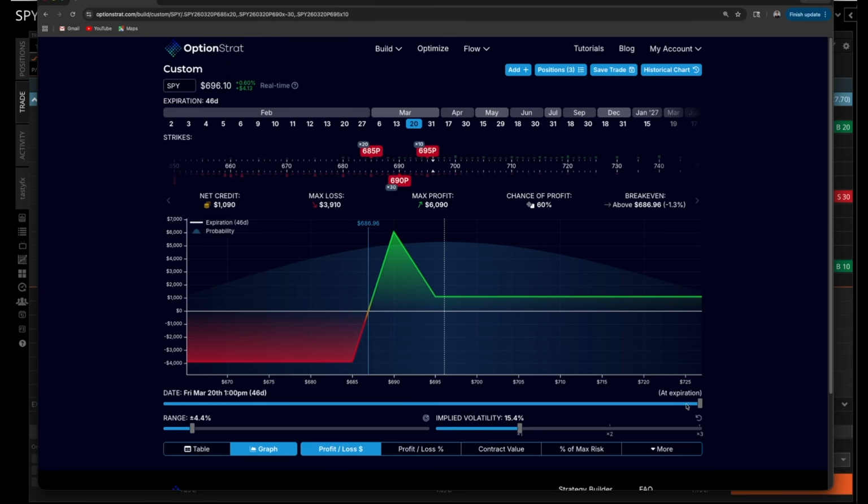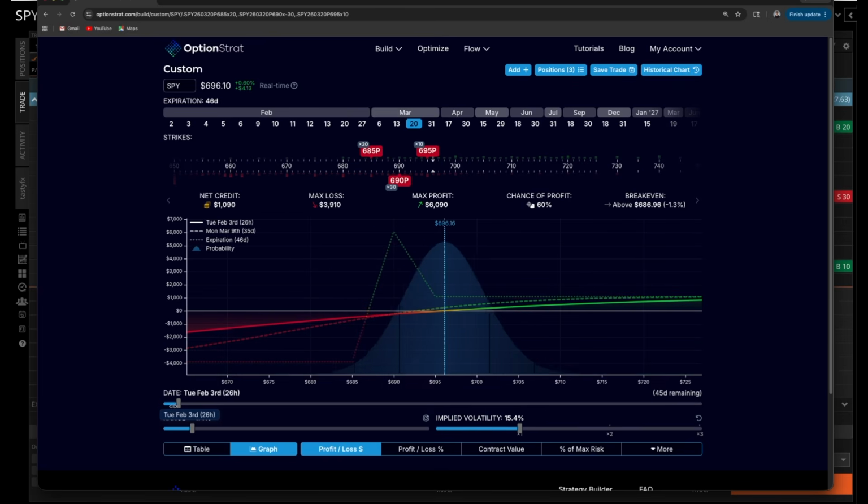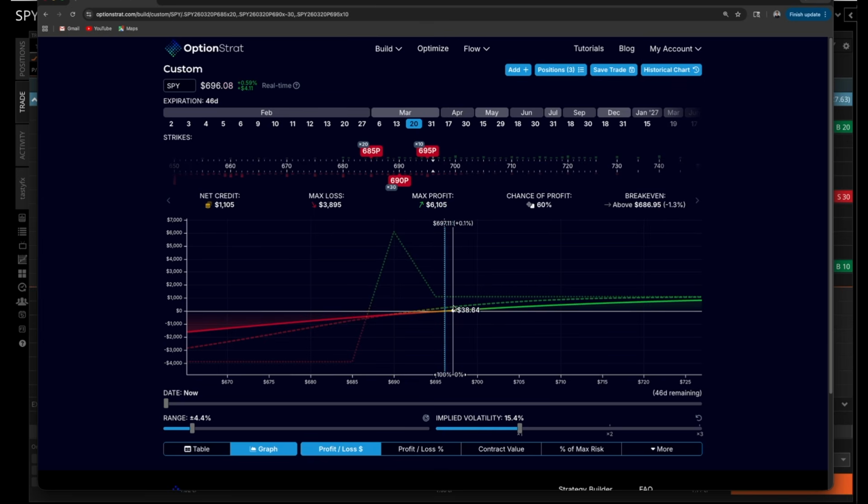Okay, so let's see what this structure does prior to expiration. So let's go to today's date here. And we know that these butterfly structures are best to put on when you expect a decrease in implied volatility. So we like to put these structures on when implied volatility is high, or we think implied volatility is just going to go down from when we put the structure on.